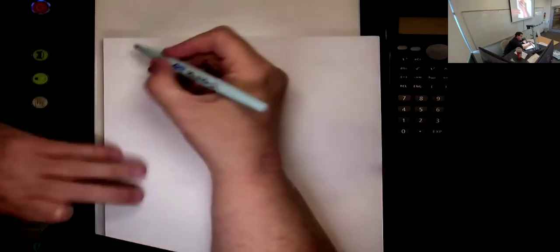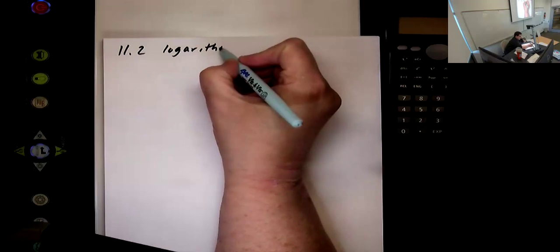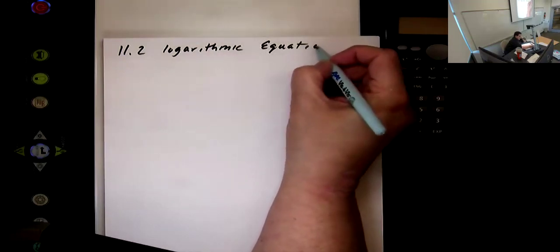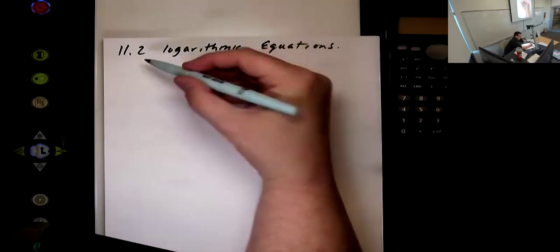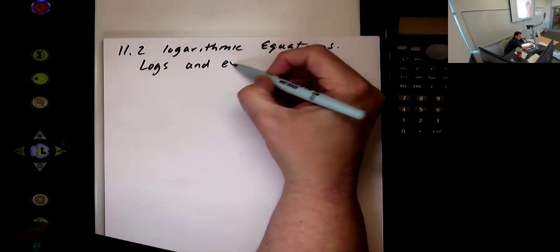And then I want to show you how these connect to logarithms, because logarithms is 11.2. In 11.2 we do logarithmic equations. And I don't think we discuss it until 11.3, but logs and exponentials are inverse functions of each other.